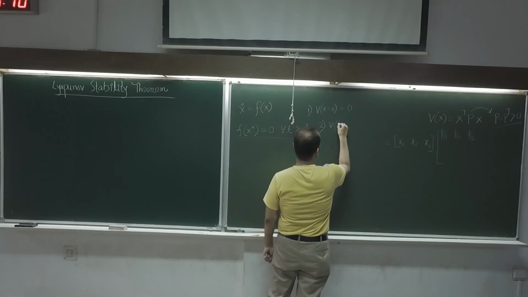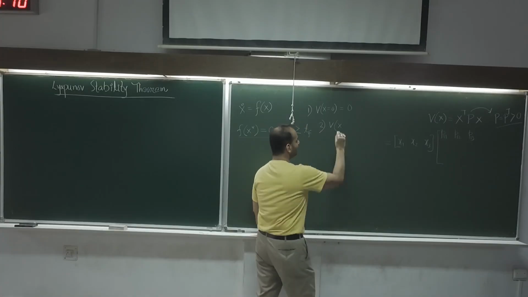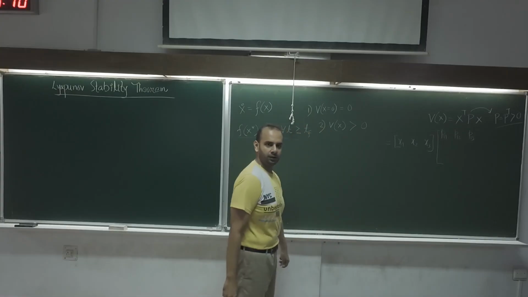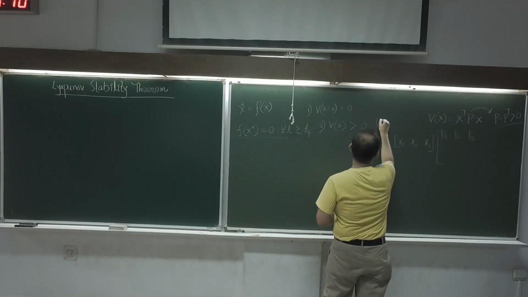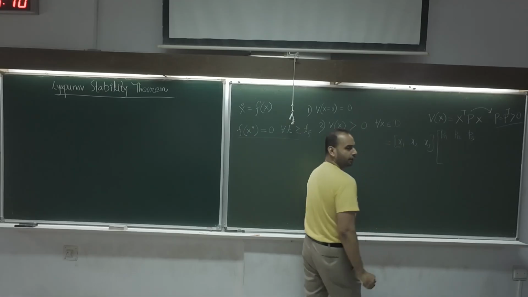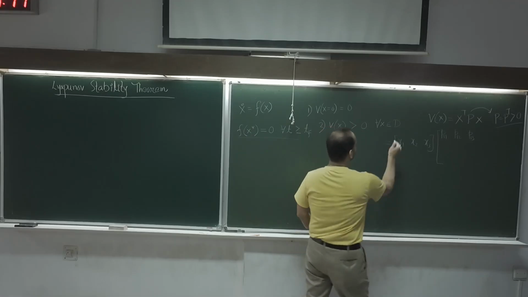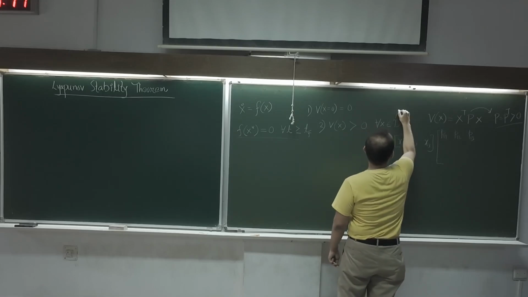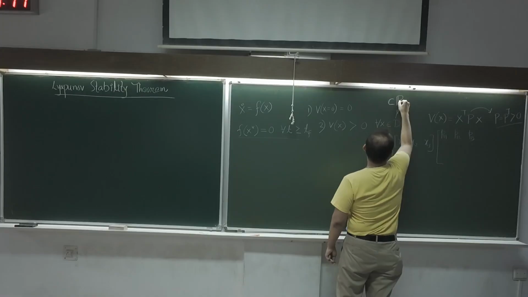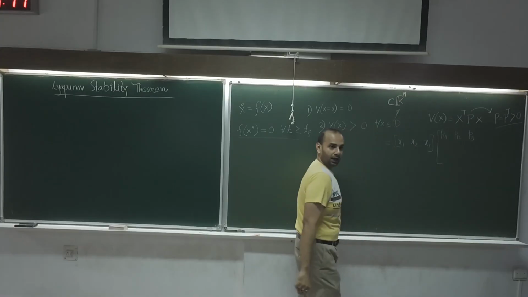The second one, what was that? It must be a positive definite function, right? So V of x must be greater than or equal to 0 for all x belonging to D, right? Here this D means a subset of the whole Rn.